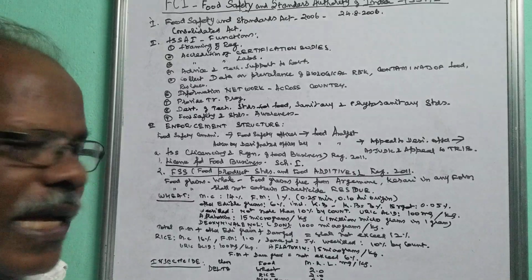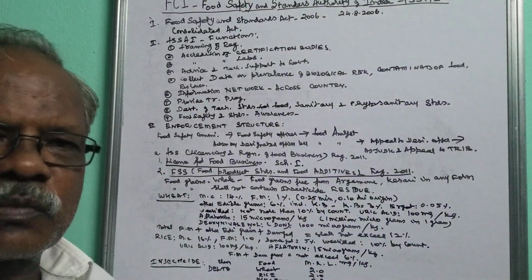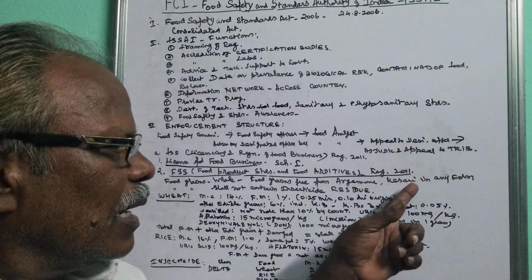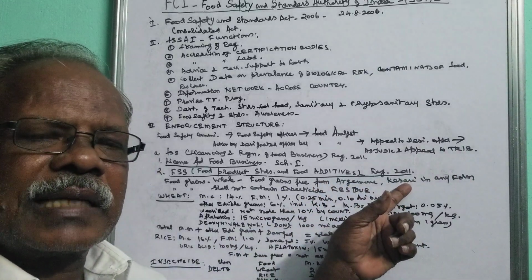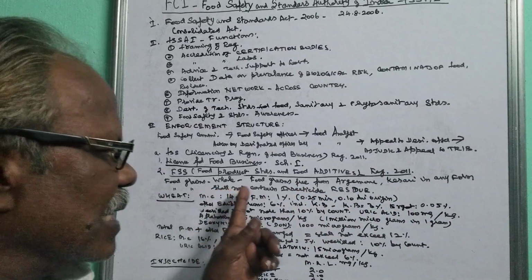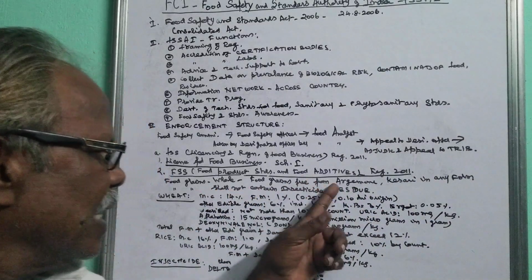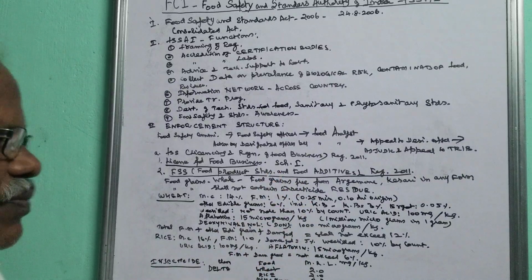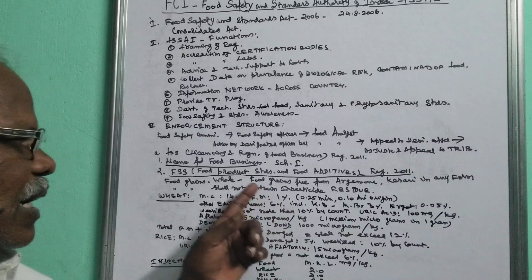It is a very dangerous seed. Kesari dal or kesari in any form should not be there, and food grain shall not contain insecticide residue. These are all stipulated in the food product standards and food additives regulation.